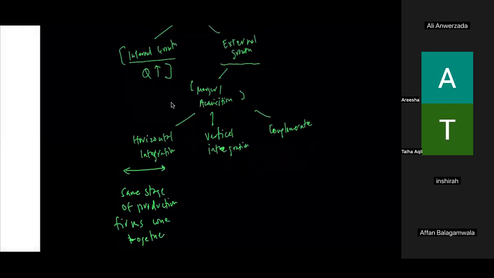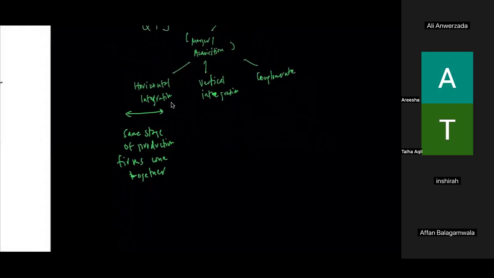Like for example, two firms that are in the same stage, like Cedar and Nixer, they combine together. God forbid, but let's say Cedar and Nixer combine together. That would be horizontal integration.